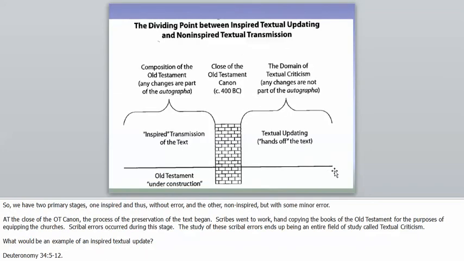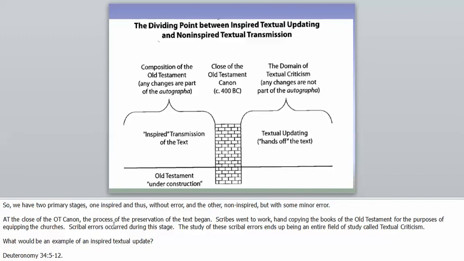So really what we're talking about here is two primary stages: from the very beginning, when the inspired author wrote it all down without error, and then somewhat of a non-inspired process with some minor error. Two processes: inspired transmission of the text, and then the textual updating.